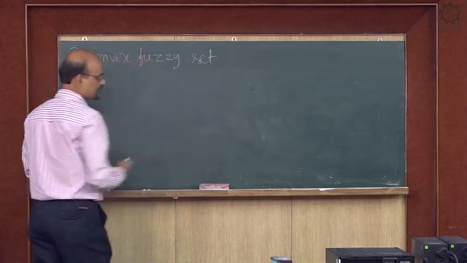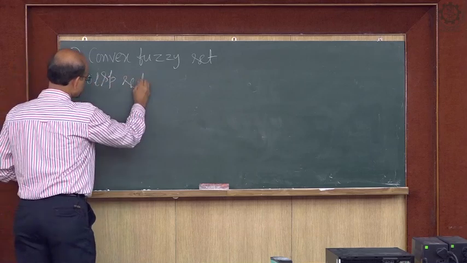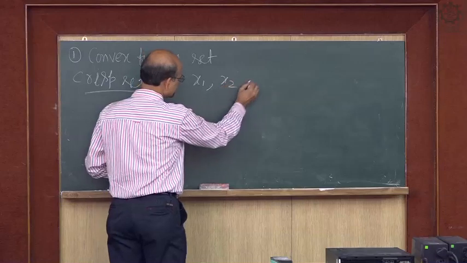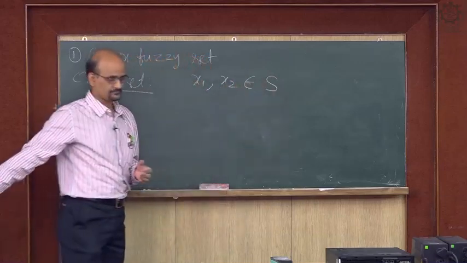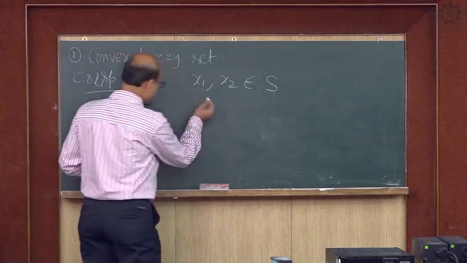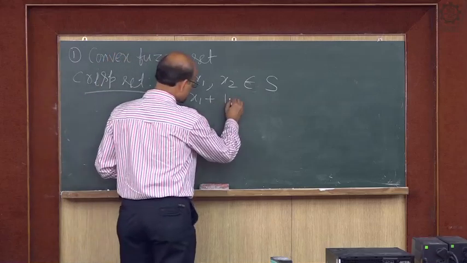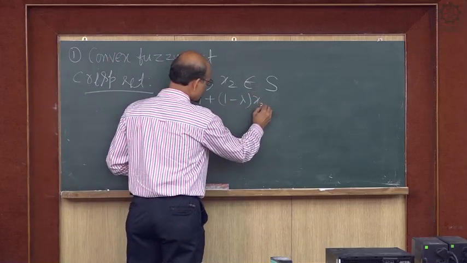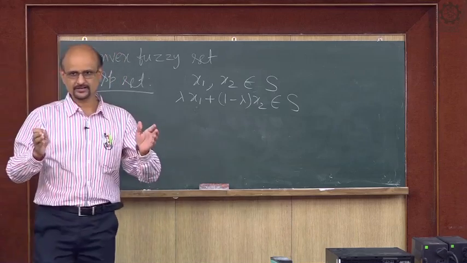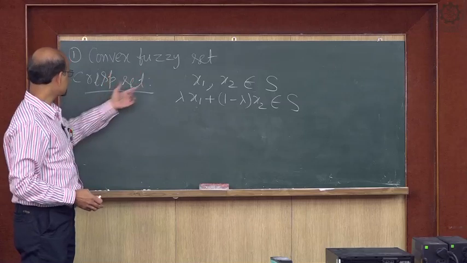Okay. So, in terms of a mathematical expression, I can write, for a crisp set we know what is a convex crisp set. If I have 2 elements or points in a crisp set S, then we take any parameter lambda such that we write lambda x1 plus 1 minus lambda x2, and this should also belong to S, where x1 and x2 are in S. This is the definition actually for a convex crisp set.